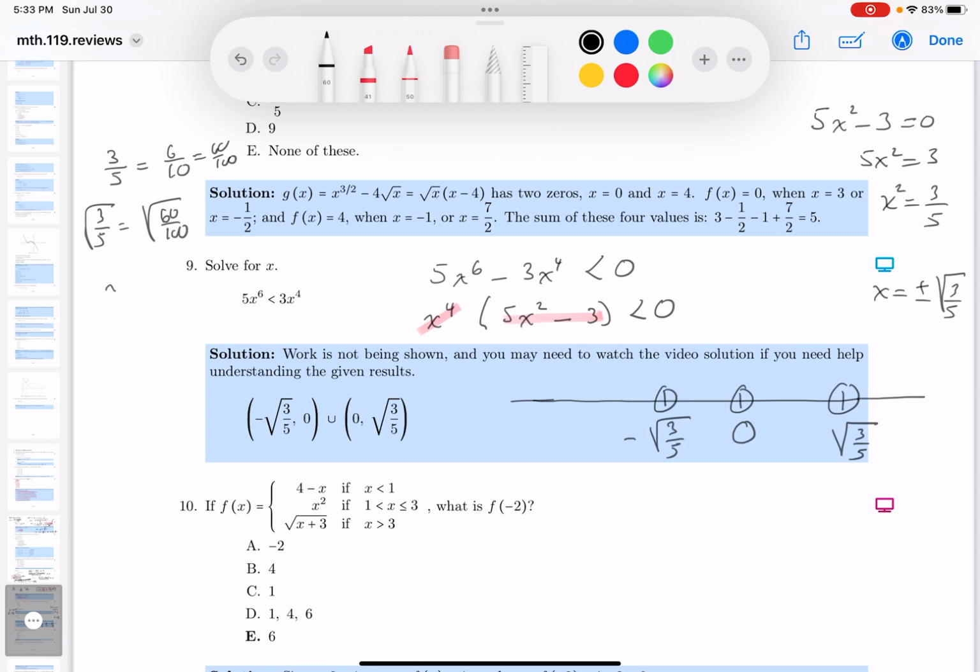Now, by the way, I want to get a ballpark figure of this. Well, the square root of 100 is just 10. Now, if I'm looking at the square root of 60, I don't know the square root of 60, but if I thought about it, 8 would give you 64. So it's between 7 and 8.